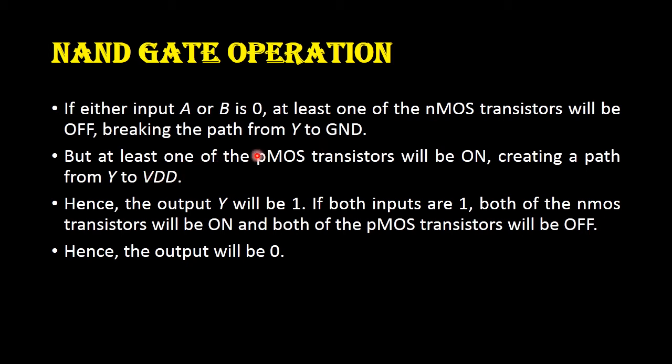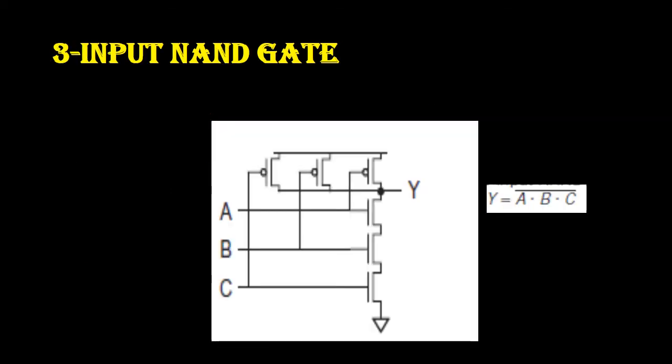But at least one of the PMOS transistors will be on, creating a path from Y to VDD. Therefore, the output Y will be 1. If both the inputs are 1, both of the NMOS transistors will be on and both of the PMOS transistors will be off. Hence, the output will be 0.